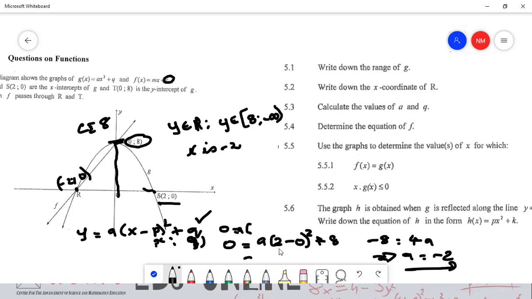So we can find a. If you transpose, that is negative 8, so 4a equal to negative 8. So a is equal to negative 2. So we have the value of a, and q we just found, q is equal to 8.